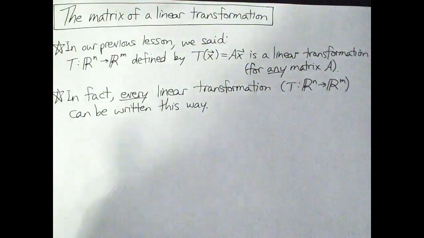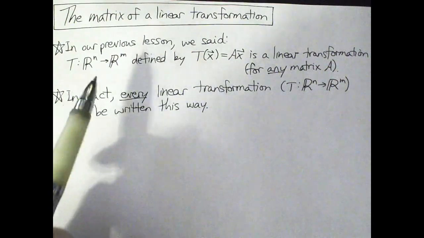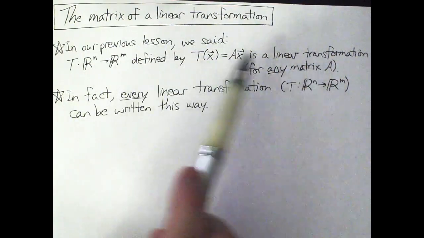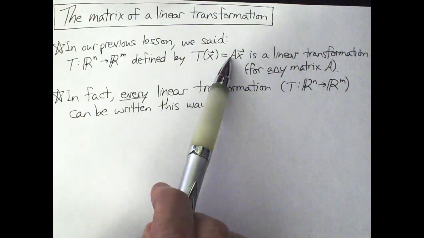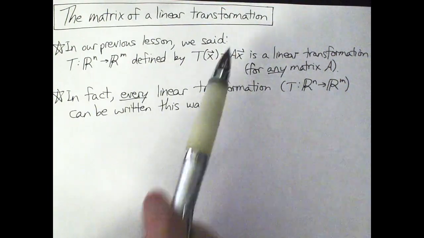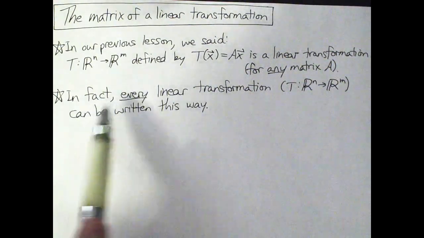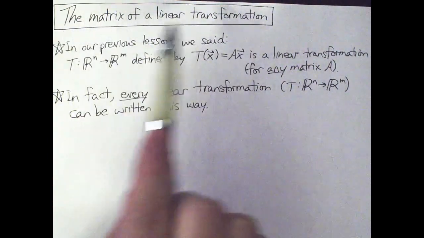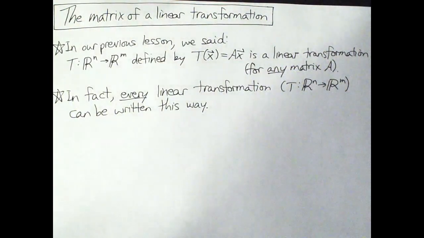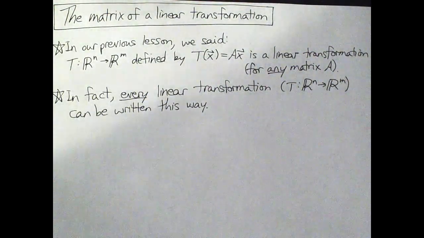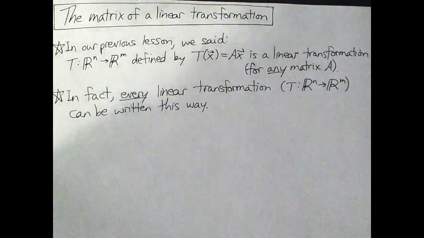I was asking you to think about, all right, every matrix has a corresponding linear transformation. Does every linear transformation have a corresponding matrix? And the answer is yes. It's kind of spoiled for you in the title of this section, the matrix of a linear transformation. So yes, every linear transformation is going to have a corresponding matrix A.